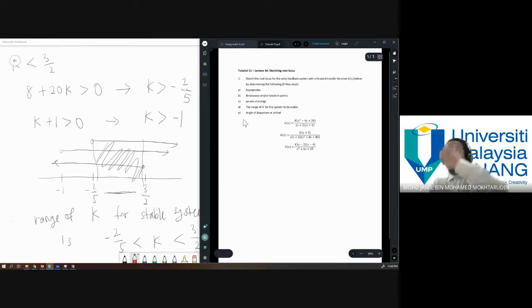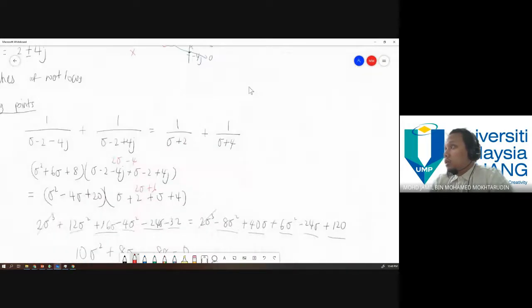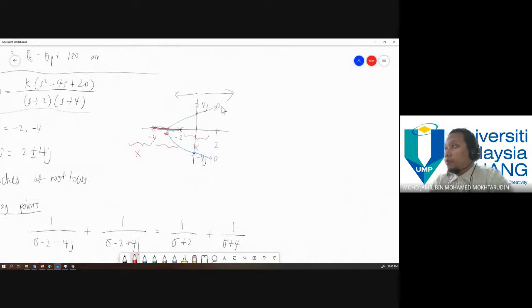And then lastly, question E, angle of departure or arrival. So let's look at our sketch. So in our sketch, we have complex zeros. So meaning that we only have angle of arrival, okay? Because angle of departure is for complex poles, and angle of arrival is for complex zeros, okay?